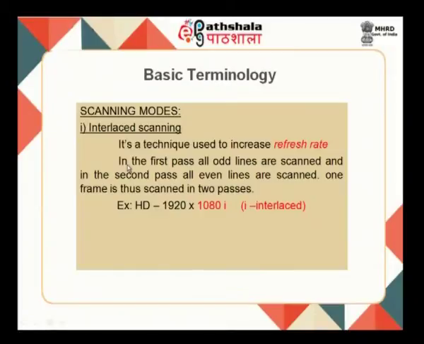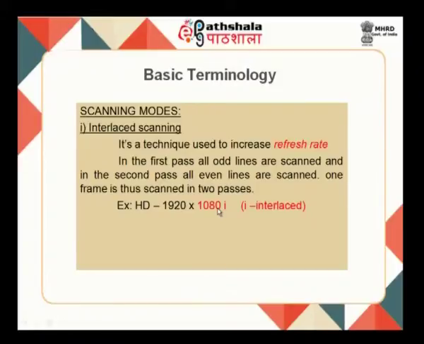In interlaced scanning, in the first pass all the odd lines are scanned, and in the second pass all the even lines are scanned. So, in two passes the whole screen gets redrawn. That means it is an interlaced monitor. How do we know? If you buy an HD TV for your home, the specification may say, for example, 1920 by 1080.